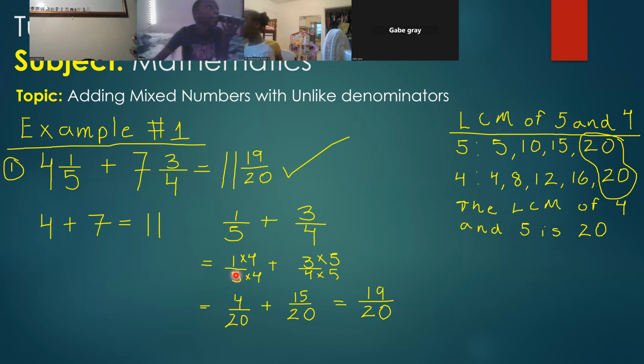Very good. And whatever we do to the bottom, we must do to the top. So 1 times 4 is what? 4. Very good. And what times 4 is 20? Very good. So we multiply 4 times 5 to give us 20. And 3 times 5 is what?